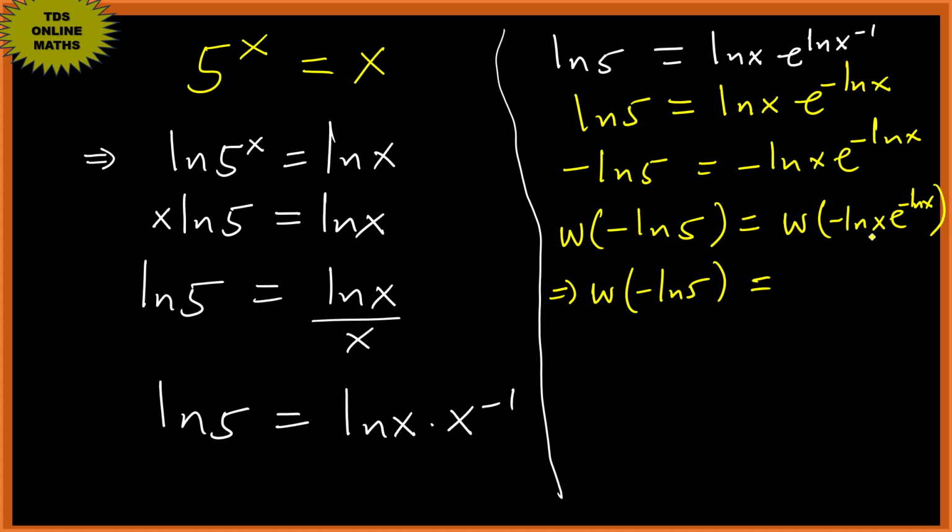So we have this and that. So my answer is negative ln of x. Now remember we have the x, so let me interchange the position. Now this one is the same as ln of x to the power minus 1, which equals W of negative ln of 5.